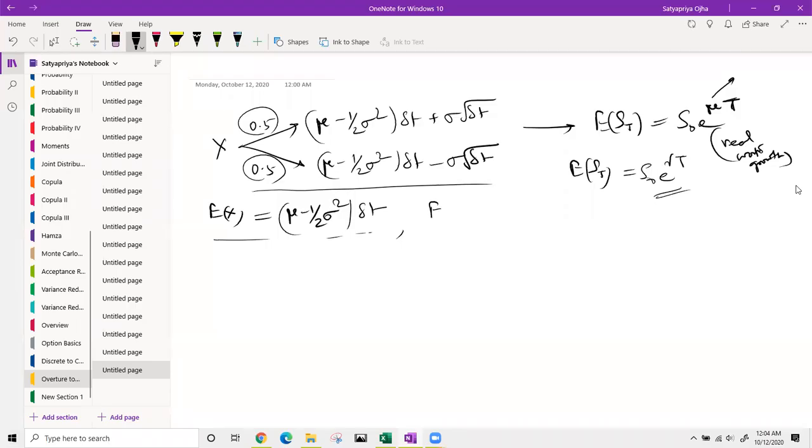If we manage to get the expectation as this, then our job would be done, because consequence of this is this, and if we can ensure this, we will get this, correct?